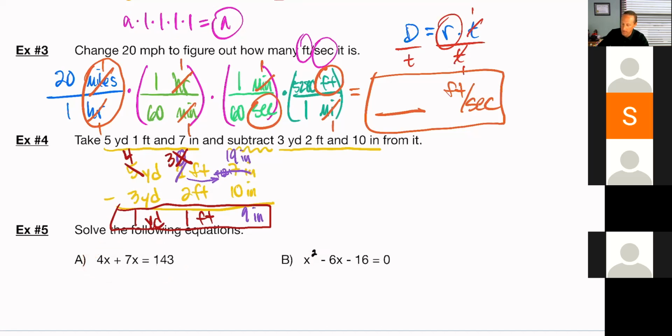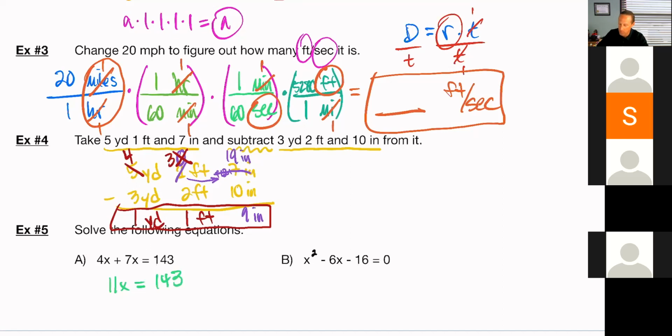We can combine and take those 2 x's that we currently have and make them into 1. So I'll take that 4x plus 7x and rewrite it as what? 11x. Good. And now that I have one equation with just one variable, I should be able to get that thing by itself, or what we call isolated.